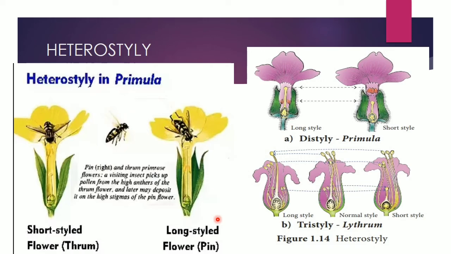So by the different structural patterns of both Androecium and Gynoecium, the plant is trying to prevent self-pollination and promote cross-pollination.